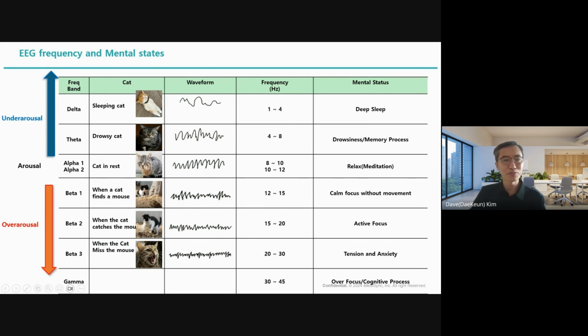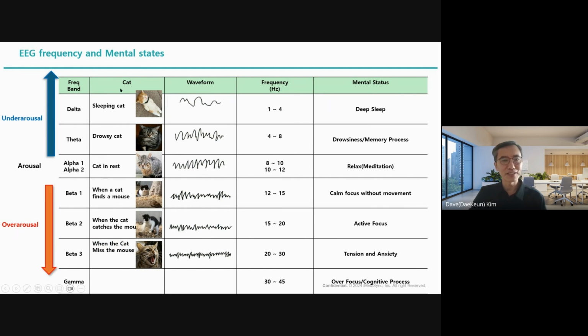That's the sensory motor calm and calm focus. Beta 1 starts. When the cat catches the mouse, beta 2 starts in the active task. And when the cat misses the mouse, the cat is in a very stressful situation, and then beta 3 is generated. This is the beta activity.